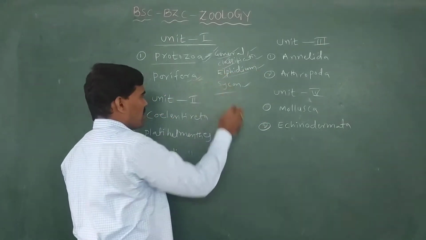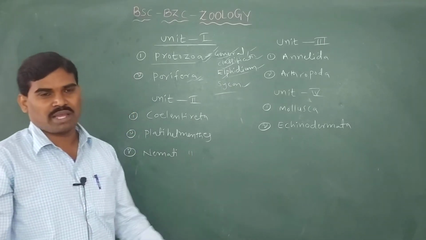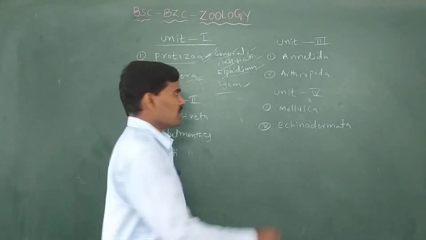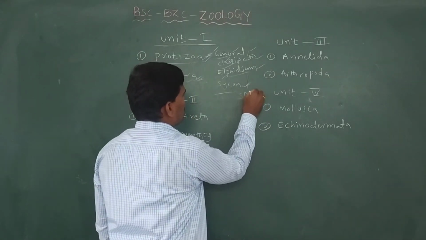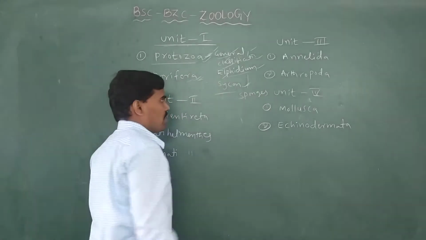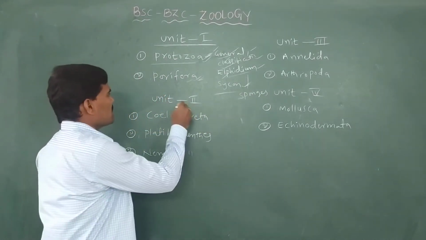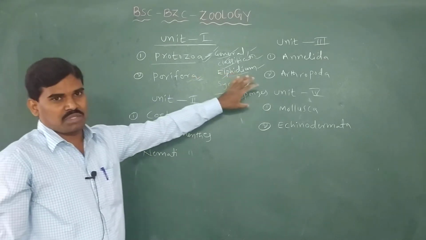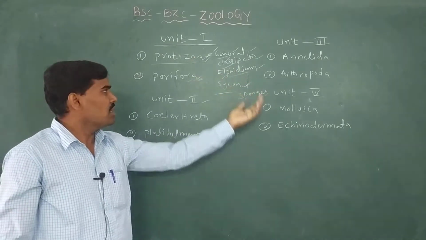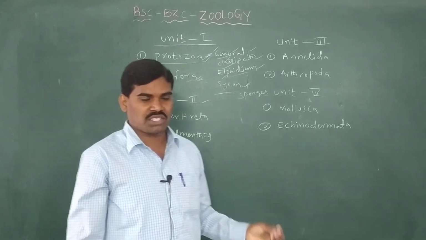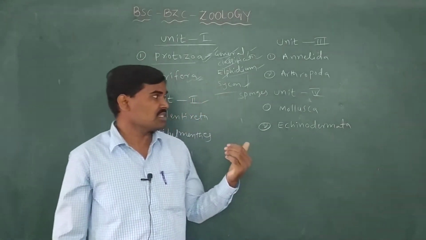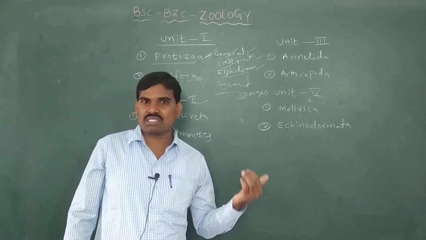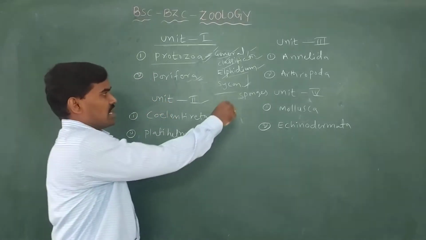The Porifera phylum has general characters, classification, and one type study, Sycon or sponges. Sycon sponges, the life cycle, and next the canal system, the water canal system along with circulation, nutrition, circulation and respiration through this canal system.